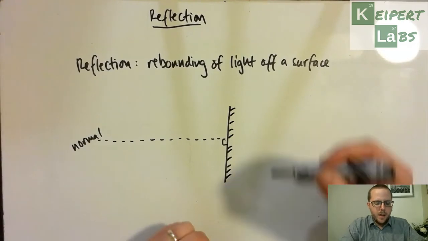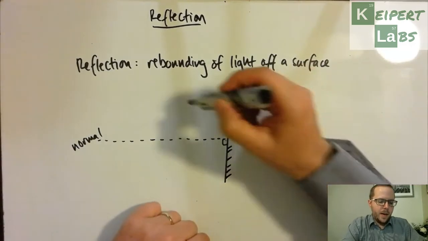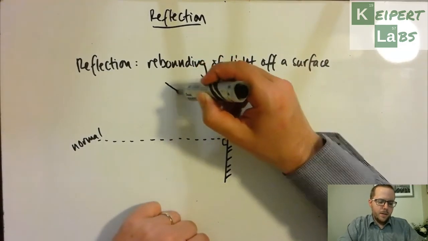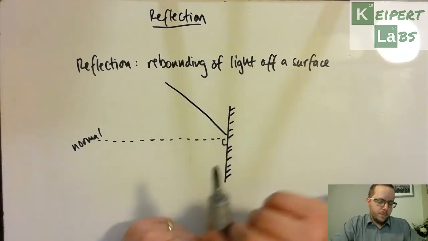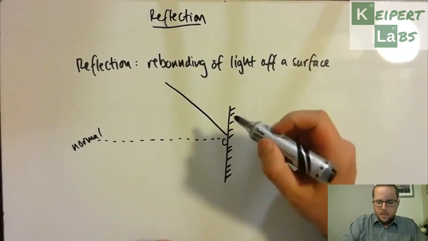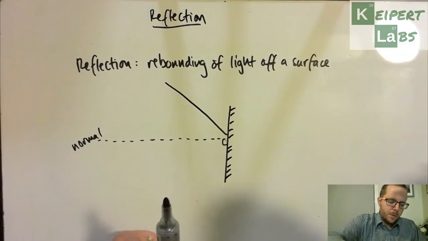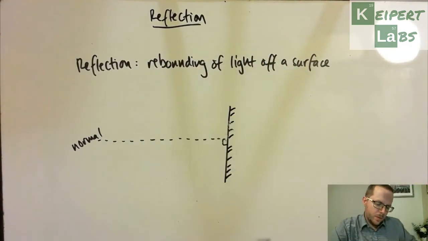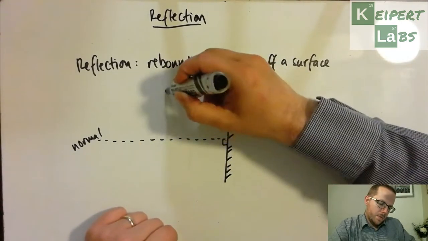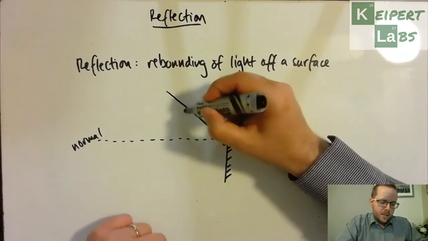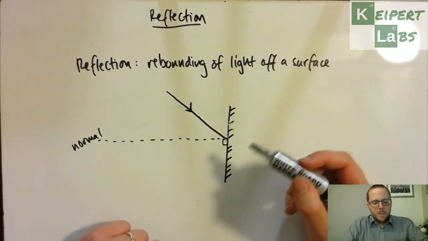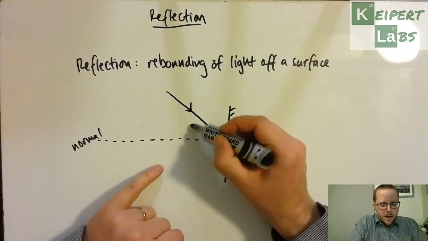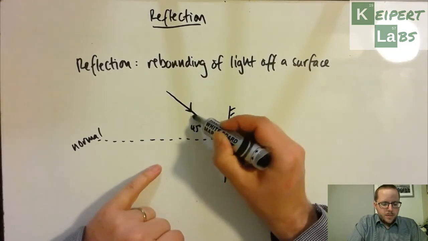Okay, so let's say that we get a ray of light, let me redraw that, that's heading towards this surface at a particular angle. And that angle in here is 45 degrees.